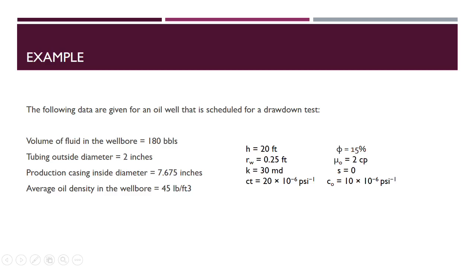Permeability is 20 millidarcy. C sub t, or total compressibility coefficient, is equal to 20 times 10 raised to negative 6 psi raised to negative 1, or 20 microsips. Porosity is 15%. Oil viscosity is 2 centipoise, skin factor is 0, and C sub o, or wellbore fluid compressibility, is 10 times 10 raised to negative 6 psi raised to negative 1, or 10 microsips.